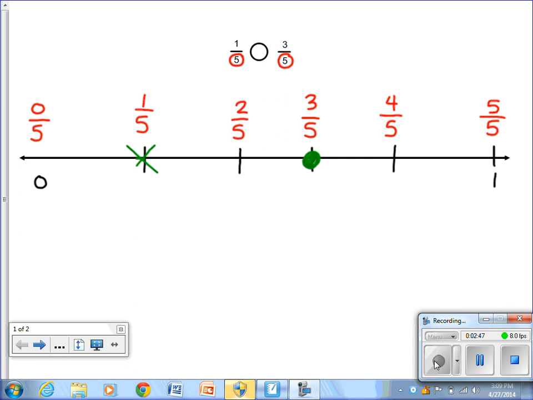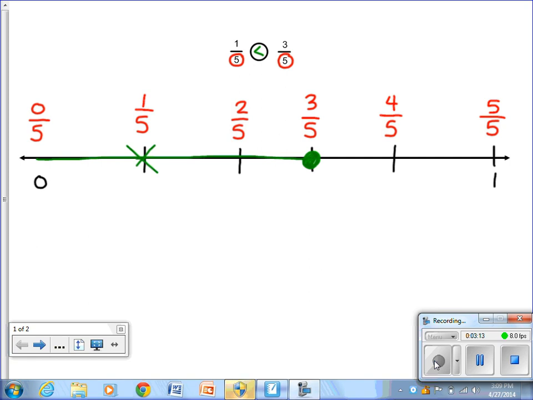And if I go from 0 to 3/5, it's way more space, a lot further from 0. So when comparing those two fractions, I can see that 1/5 is less than 3/5 when comparing the distance from the 0 point on the number line.